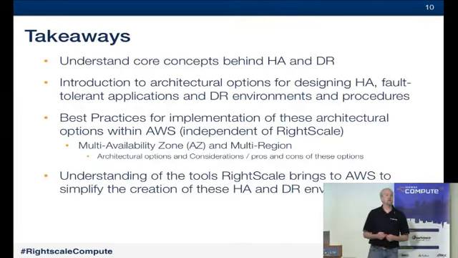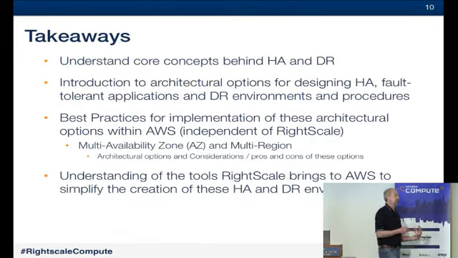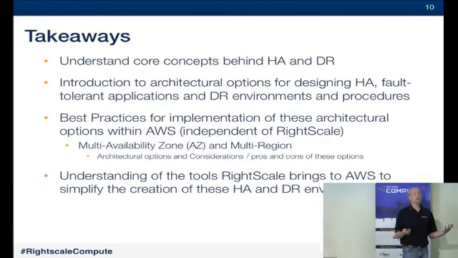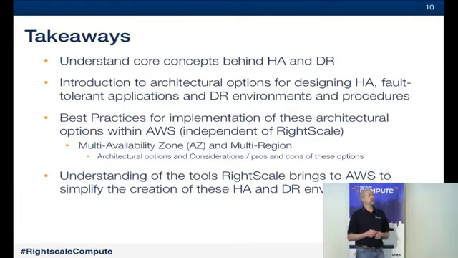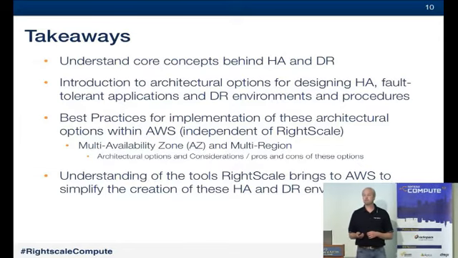We're at a RightScale conference here, so we'll show you how we do it with our tools and within our platform. Talk about multi-AZ, multi-region, all that stuff. We'll get into that. And then lastly, understanding the tools that RightScale brings, that facilitate this for you, or at least make it easier for you, right? And we'll talk a little bit about that at the end. I have some screenshots of the RightScale dash, and we'll talk about how you can go ahead and set up some of these configurations. Okay.